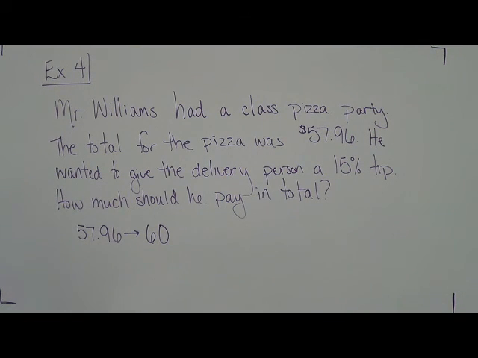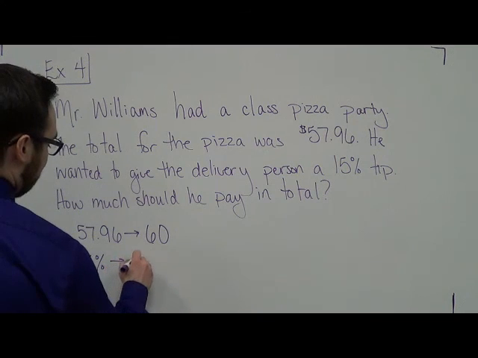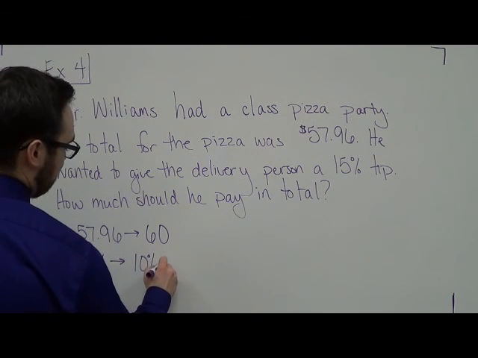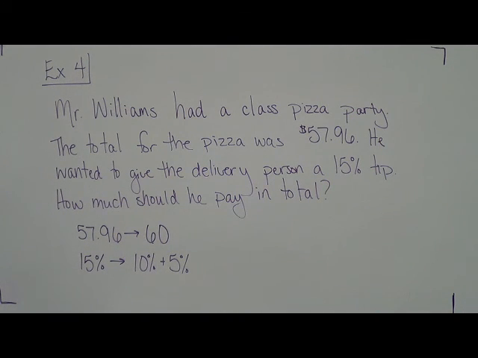Then the 15%, we're going to break down into 10% and 5%. Now you may say 5% isn't one of our fractions. No, but it's half of 10%. So once we figure out the 10%, we can take half of that, add the two together, and that'll get us our 15%.